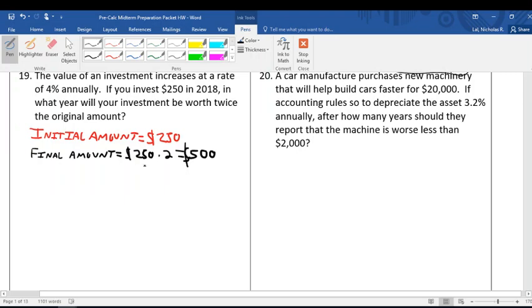The last piece of information is that the value increases at a rate of 4% a year.